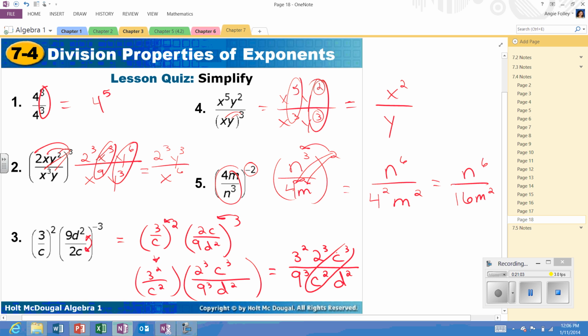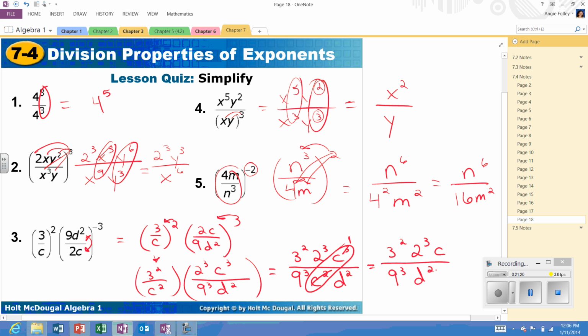Now, these right here, I can cancel these with most of these except one of them. So I'm left with 3 squared, 2 cubed, 1c, and 9 cubed times d to the second.